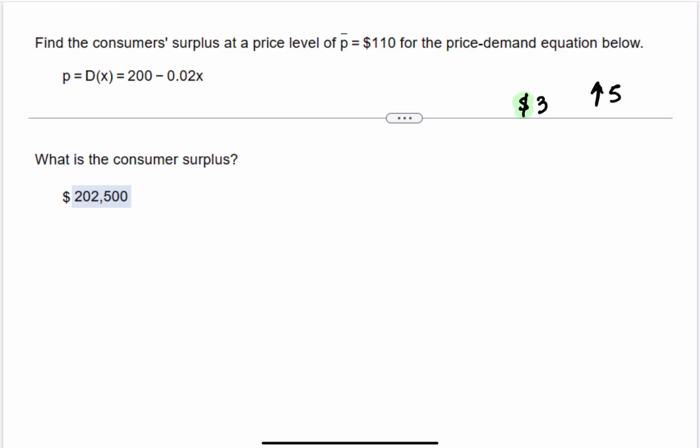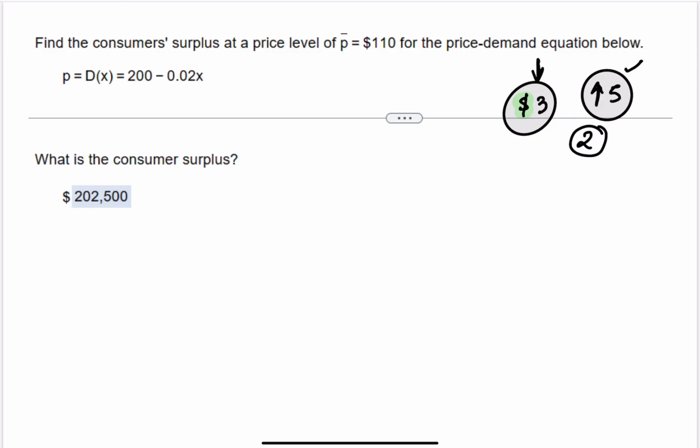Now, as a consumer, even though you know the price is at $5, you still had a chance to buy the toilet paper at $3, then you saved that $2, right? So this saving of money, when a consumer could have bought the product at a higher price but still bought it at the regular price, that's called consumer surplus.